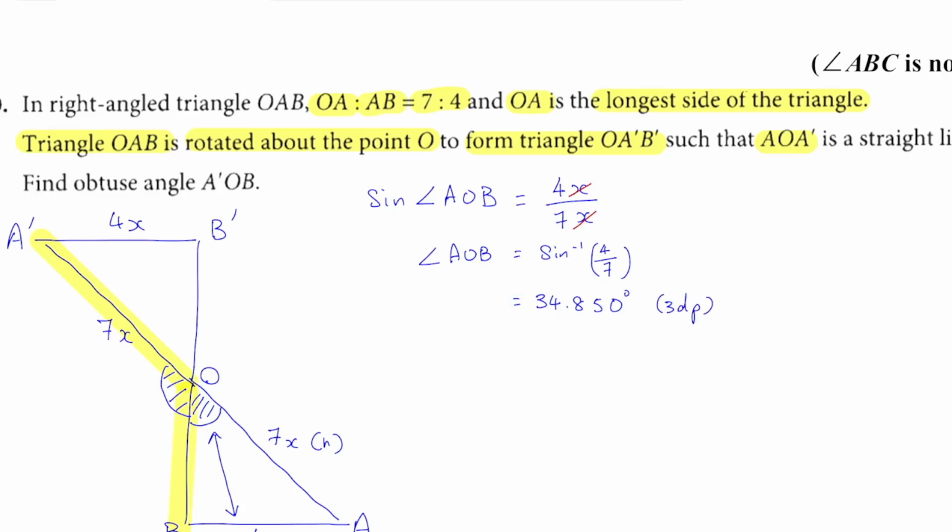Then take 180 minus 34.850 degrees, which equals 145.2 degrees, 1 dp. Alright, so this is the answer.